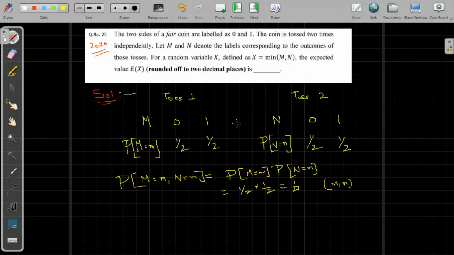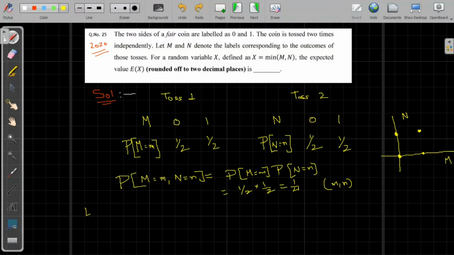First set is 0, 1 and second set is 0, 1. So there can be 4 ordered pairs in the m and n plane. These 4 ordered pairs are 0, 0, 1, 0, 0, 1 and 1, 1. So these 4 are the possible ordered pairs that are jointly distributed in the m and n plane. And the probability of each of these points is jointly 1 by 4.